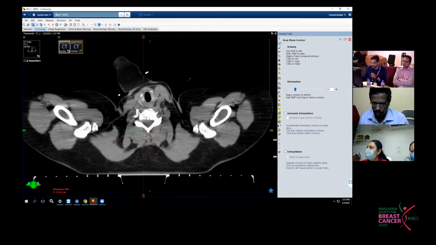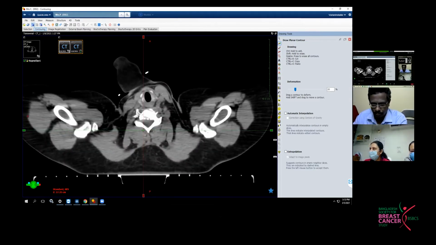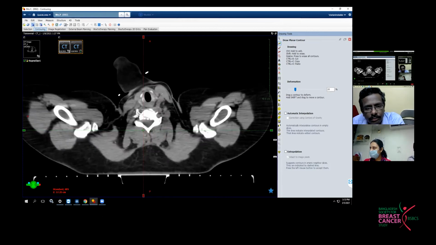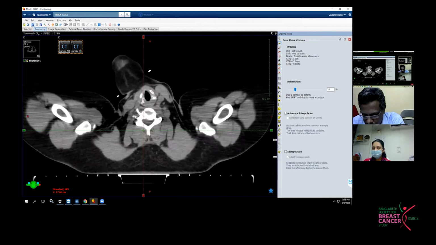So now I'm going to start contouring of the supraclavicular node from the caudal edge of the cricoid cartilage. This is the cricoid cartilage, and I'm going to start from this.